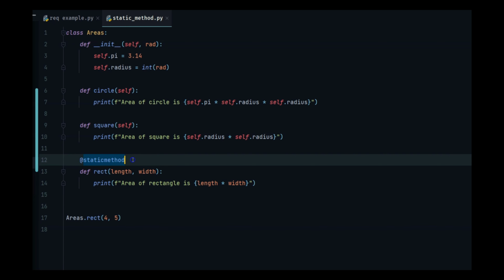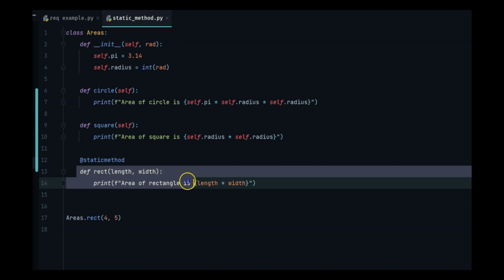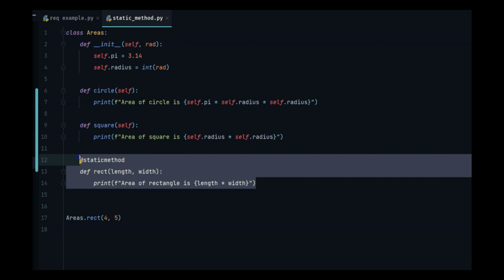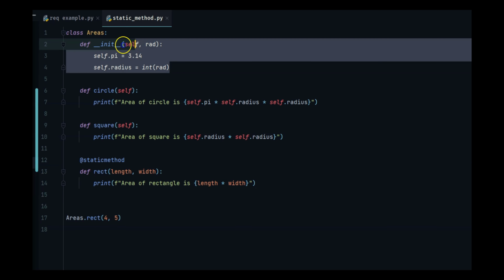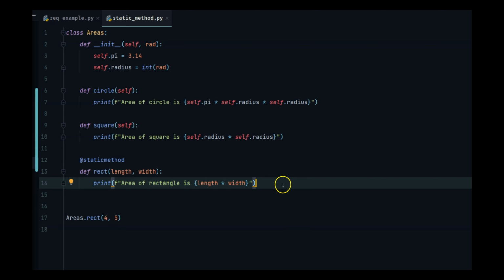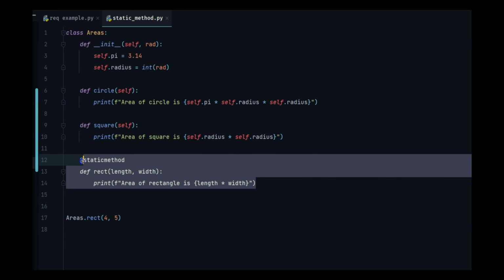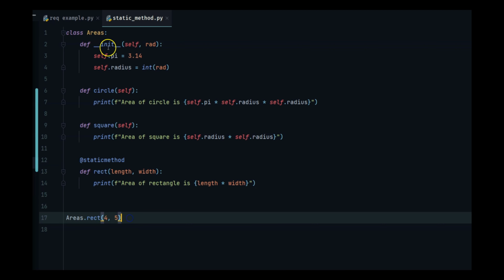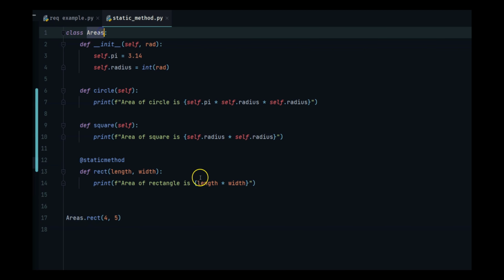All this decorator says to Python is that this function is independent. It does not need the self variables. I don't need to create a constructor and pass variables to it to initialize the class and then call this function. It is independent, it can handle its own thing, and that is why it doesn't need an object. We can just call it by the class name.